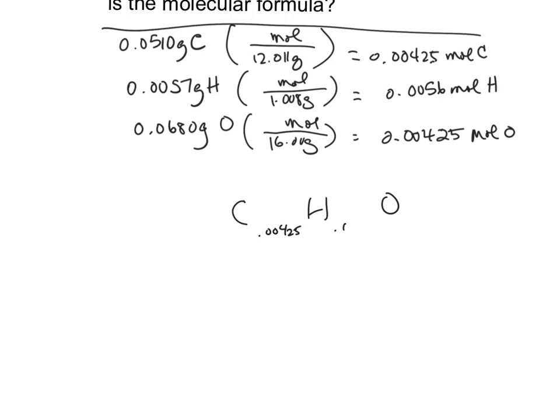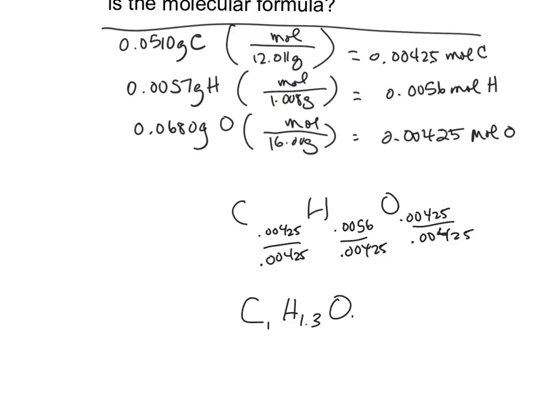So this is going to be a ratio of moles, not a ratio of masses. Divide by the smallest number. To get C1, H1.3, and O1.